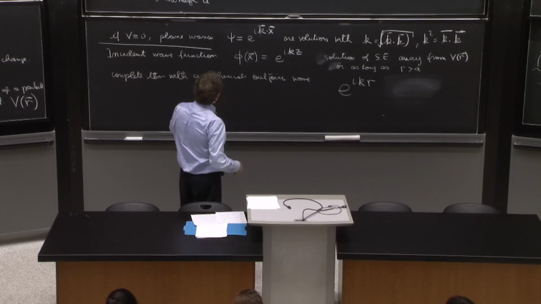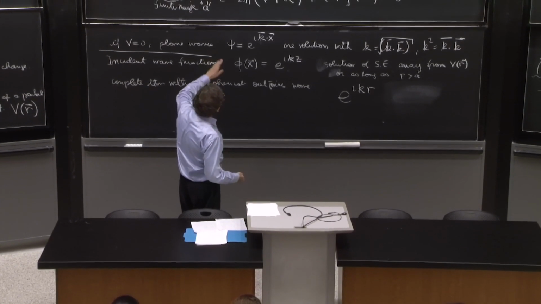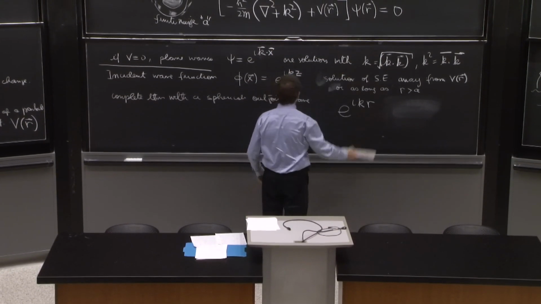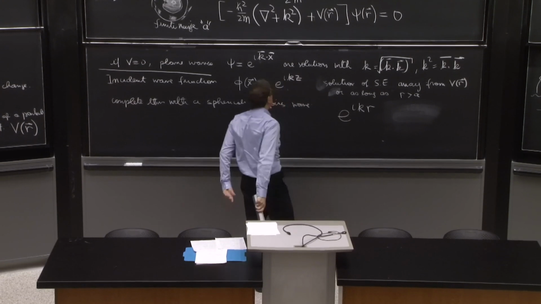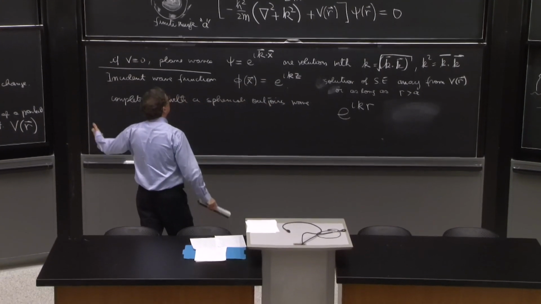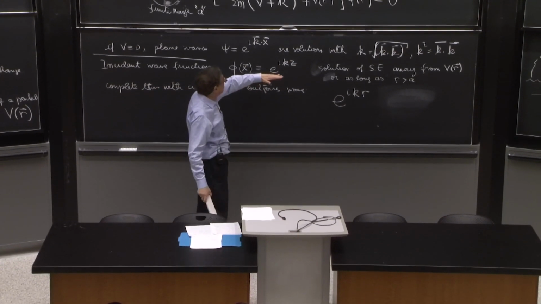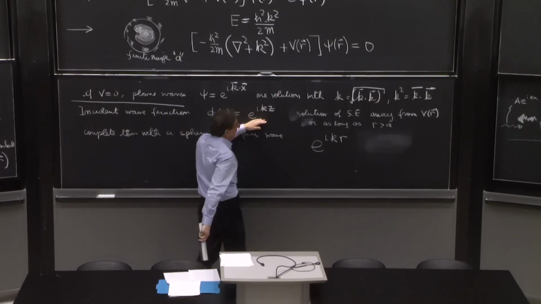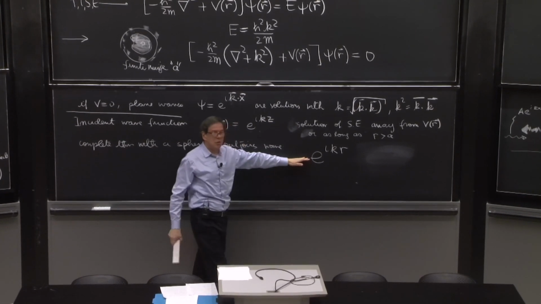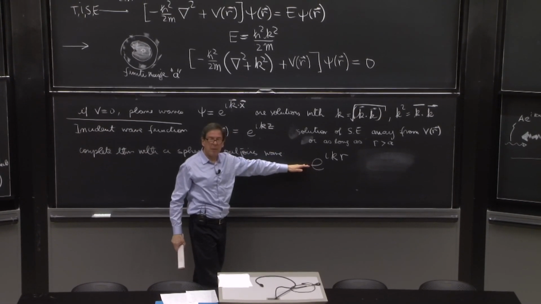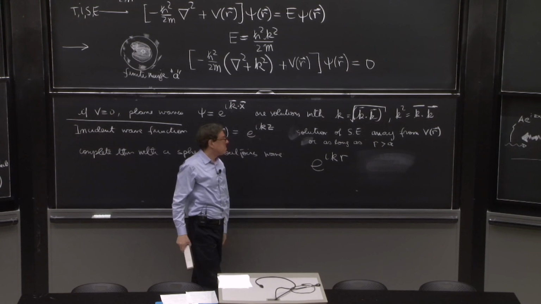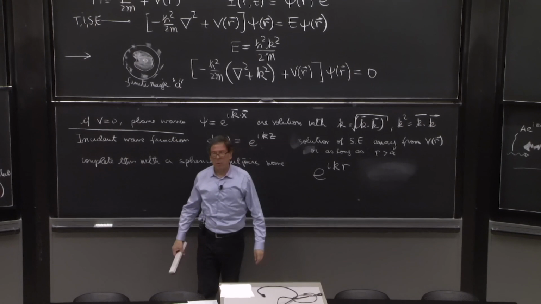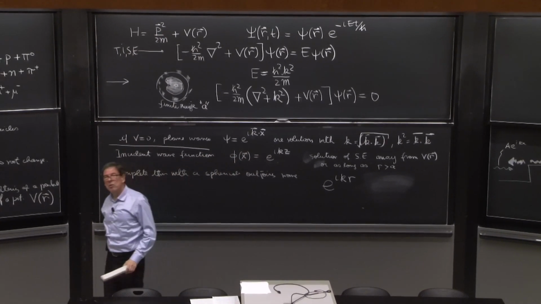If that is a scattered wave, remember the scattered wave should solve the Schrödinger equation. In fact, the sum of these two should solve the Schrödinger equation. On the other hand, we've seen that this solves it as long as you're away from the potential. And therefore, this should also solve it if you're away from the potential. So I ask you, do you think this solves the Schrödinger equation when you're away from the potential?